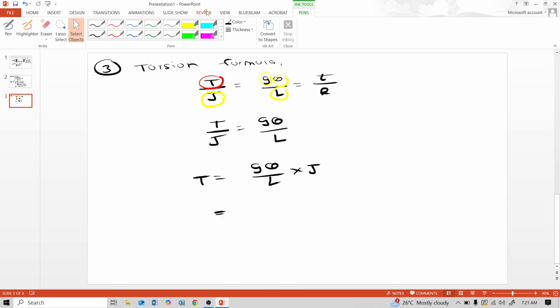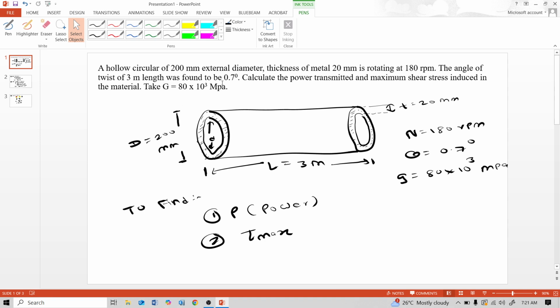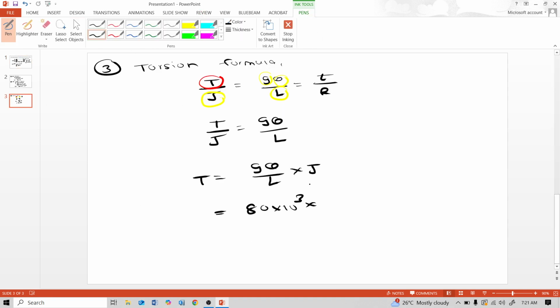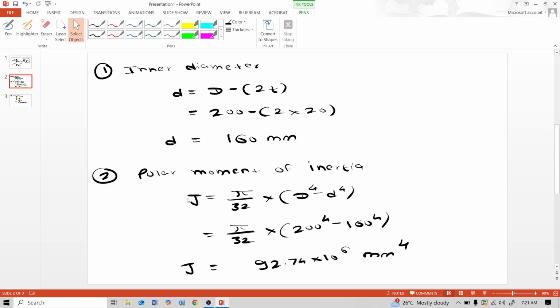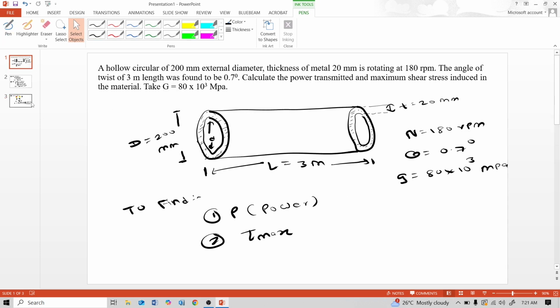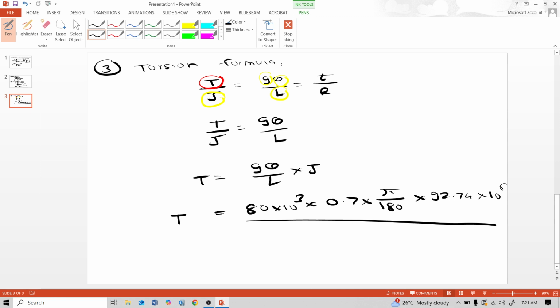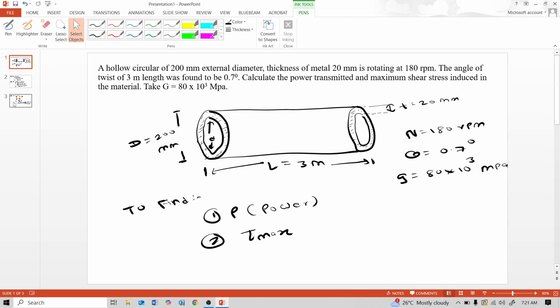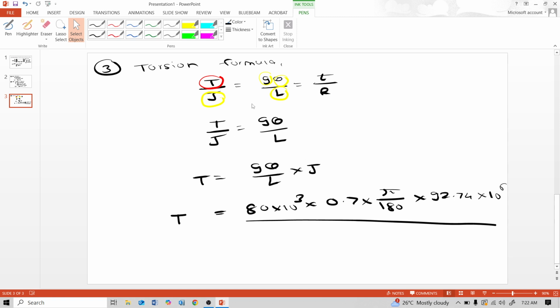G is 80 into 10 raised to 3 MPa and theta is 0.7 degree, that means 0.7 into pi by 180 radian, and multiply by J, the polar moment of inertia, 92.74 into 10 raised to 6, and divided by L, the length of that metal, which is 3 meter, that means 3000 mm.